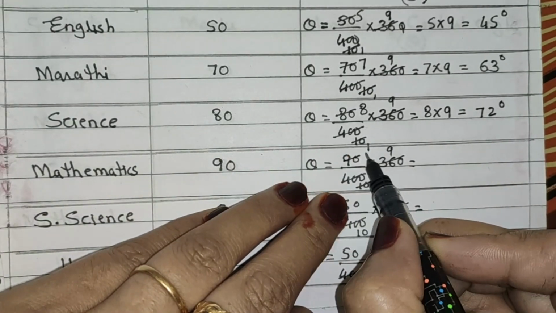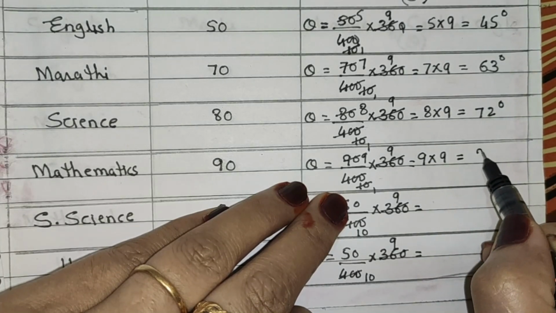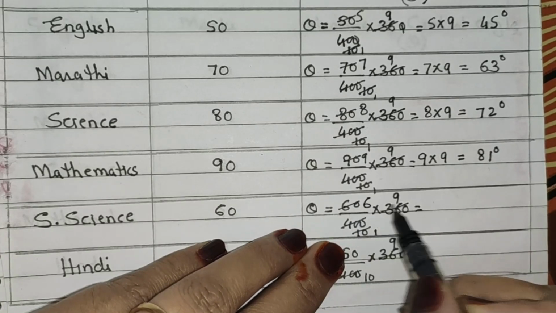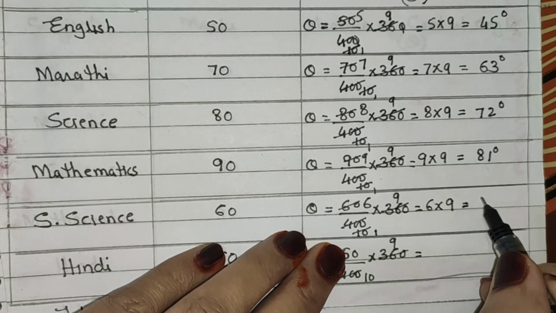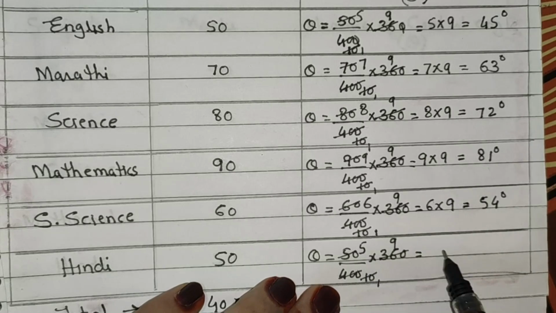Next 10 ones are 10, nines are 9 into 9, we get here 81 degree. Next 10 ones are 10, 6 are, we get here 6 into 9 which is equal to 54 degree. Next 10 ones are 10, fives are, we get here 5 into 9, 45 degree.